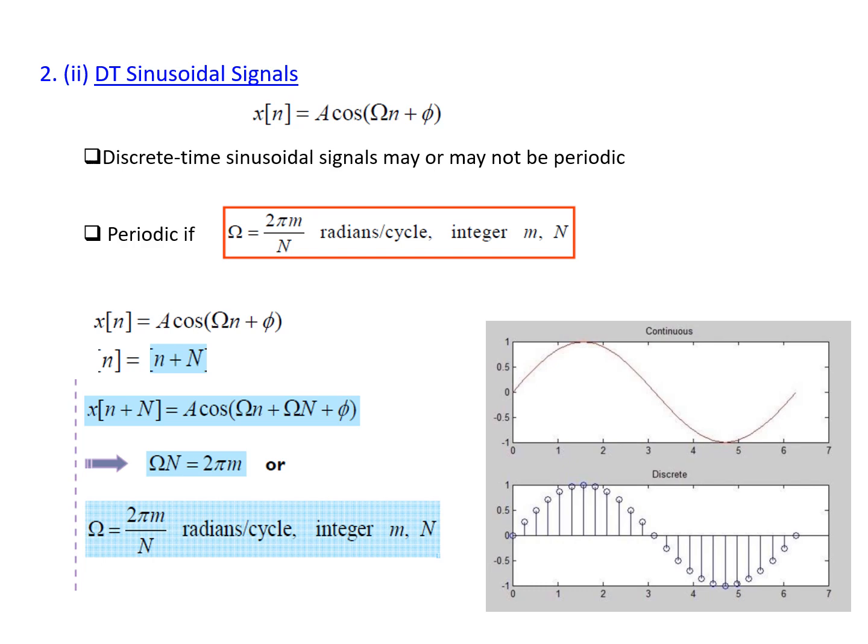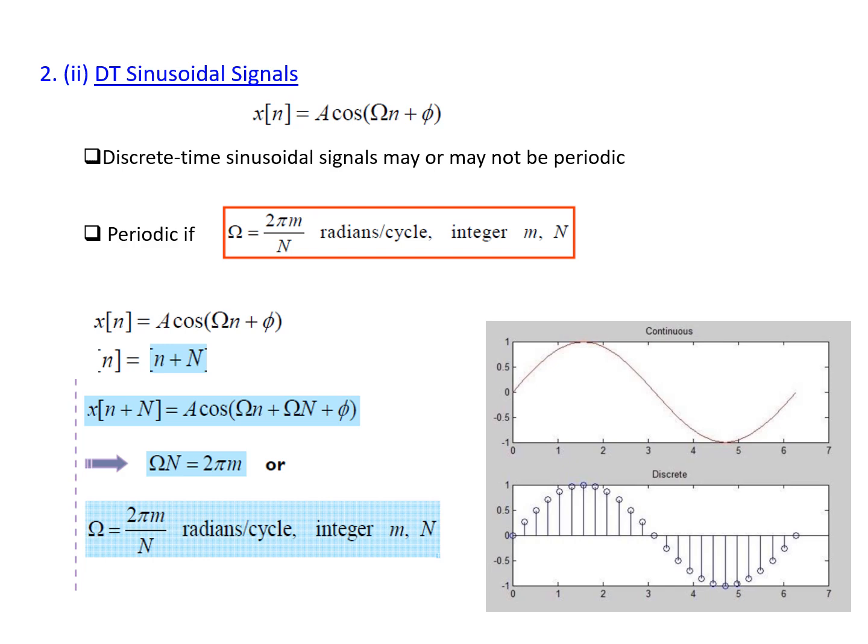So on the left hand side, x of n plus capital N is equal to A into cos of omega into n plus N. You have to replace n by n plus N, then open the bracket, it will become omega n plus omega N plus phi. So this equation becomes periodic only if omega N is 2 pi or an integer multiple of 2 pi.